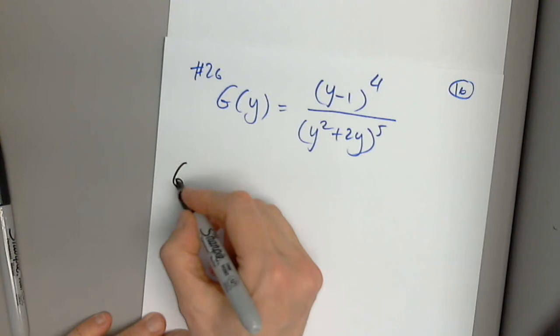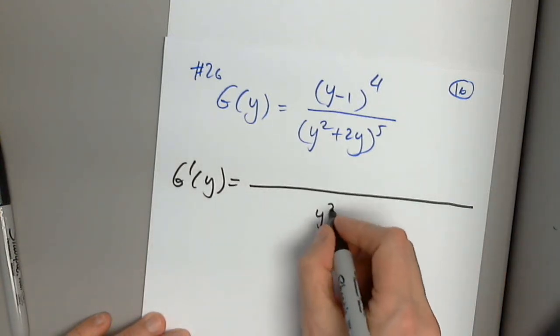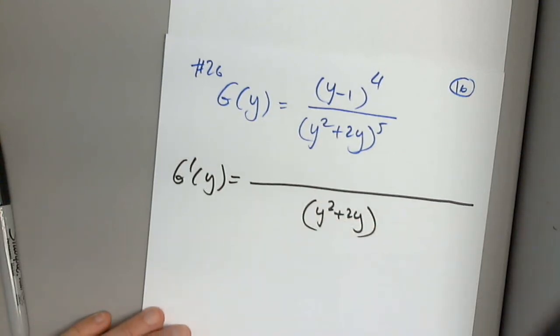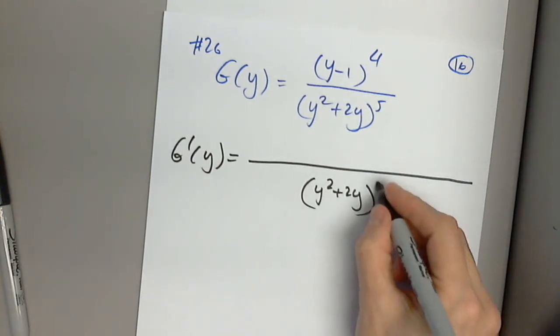So g prime of y. Let's write the denominator, and please give me the denominator of the derivative. What would the denominator be? y squared plus 2y to the 10th. Excellent. Thank you, Britt. Excellent. Indeed.